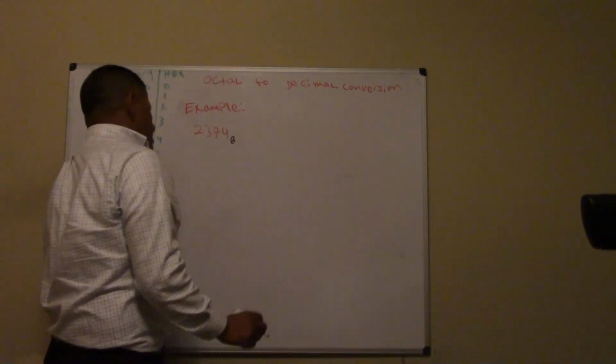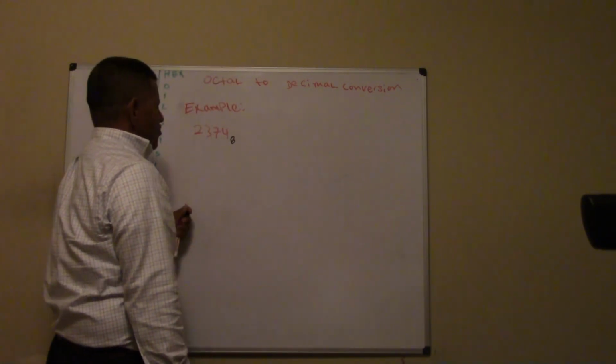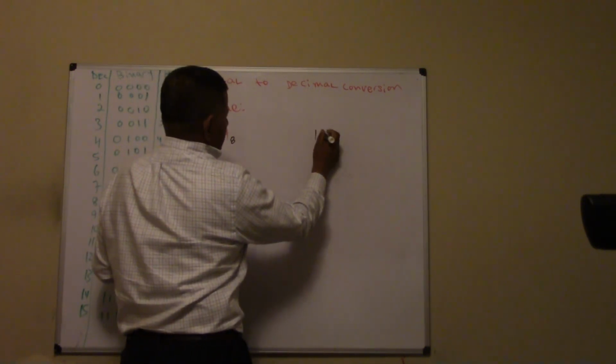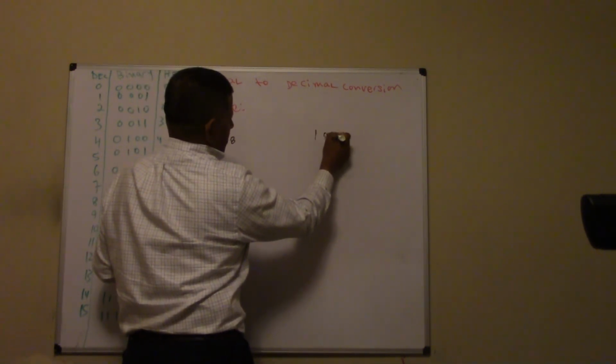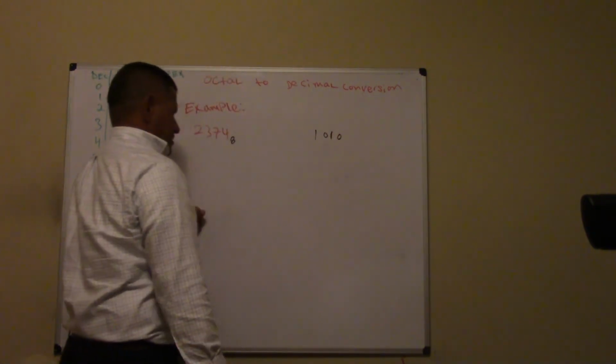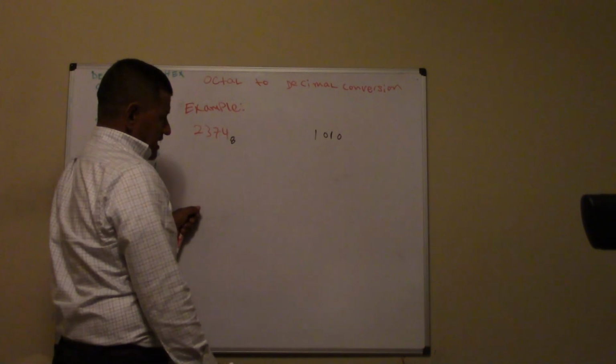So remember when we did binary to decimal, we multiplied the binary digits, for example, 1010 in binary. That doesn't mean 10 in decimal.